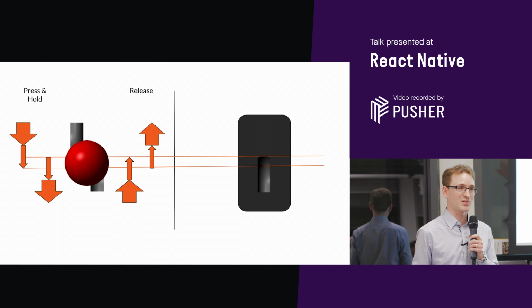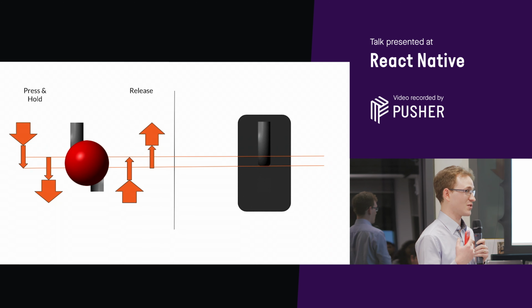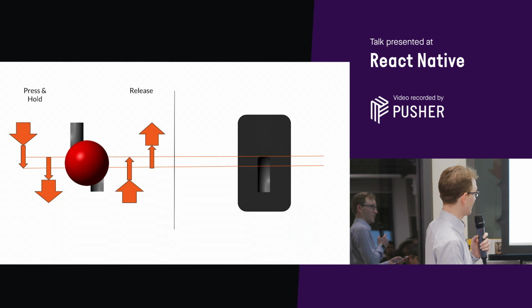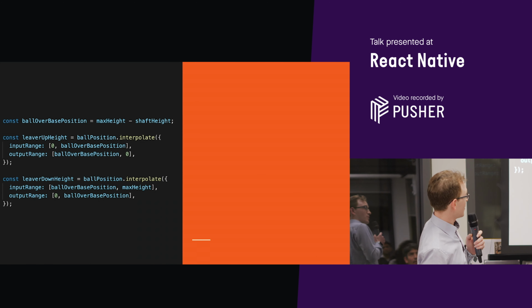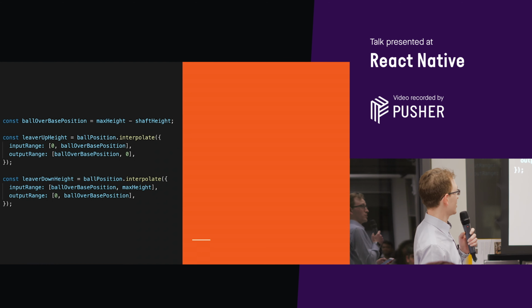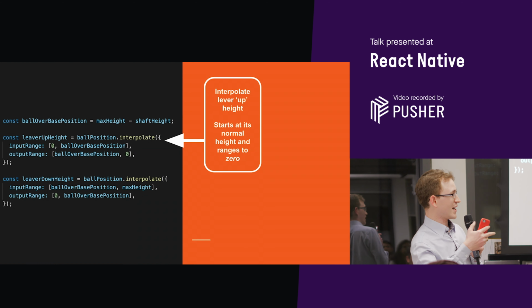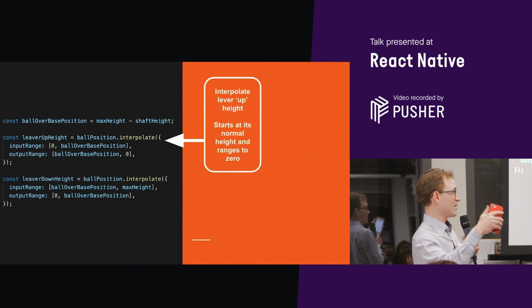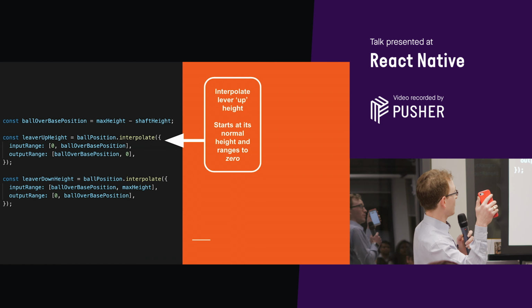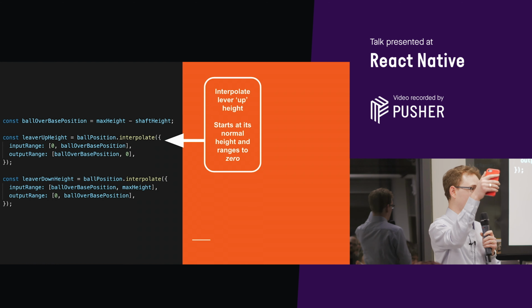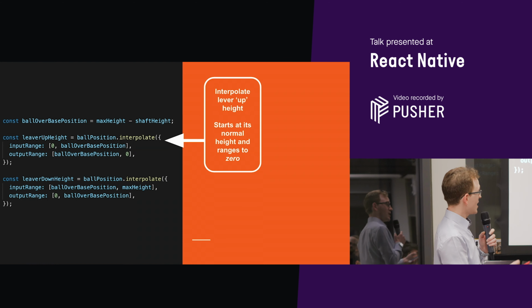And the idea again here is to use just the basic APIs that React Native gives us. So again, a little bit of code here, and you notice that this is really just doing some interpolation off of that original ball position. We're just saying when the ball position gets to halfway down, so when it's over the top of that small section, we're going to interpolate the top part, the lever being up, to being down towards zero.